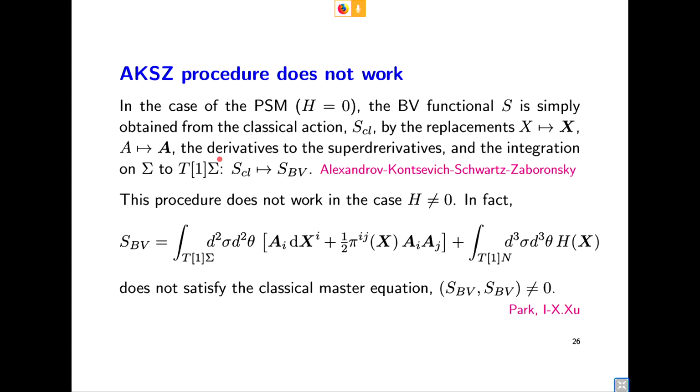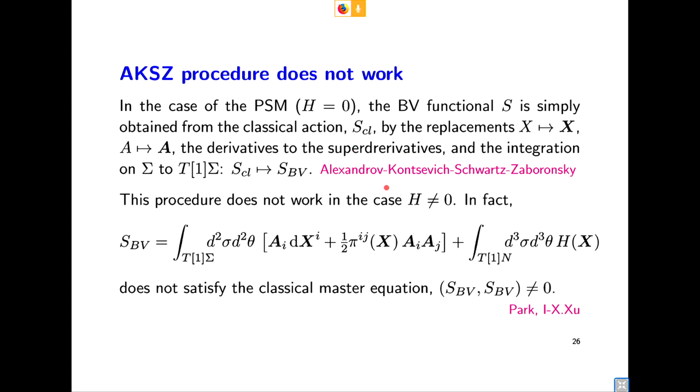Finally, we have to construct the homological function S_BV in the AKSZ procedure, but the normal AKSZ procedure doesn't work in this model. In the normal AKSZ procedure, the action function S_BV is simply obtained from the classical action by replacing the normal fields with superfields on the mapping space of the graded manifold, and replacing the derivative with the super derivative.